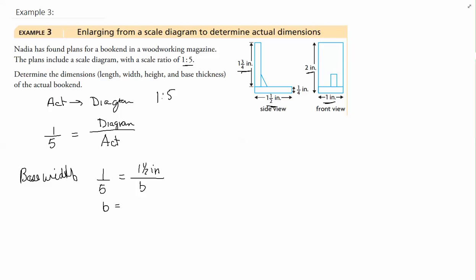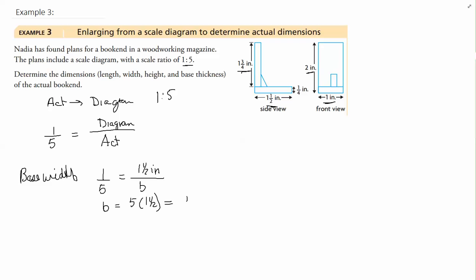So B is equal to, again, we cross multiply, and we have 5 times 1.5. When we calculate that, let's actually calculate it out. So this would be, turn that fraction into a decimal.